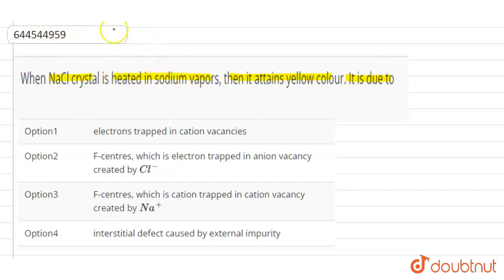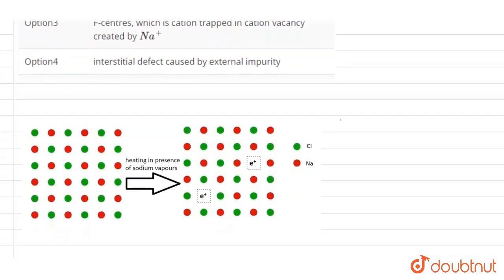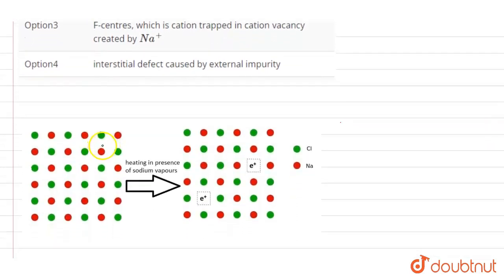Alright, if I talk about this procedure, as you can see in this diagram, when NaCl crystal is heated in the presence of sodium vapors, what basically happens is that the red dots represent the sodium atoms and the green dots represent the chlorine atoms.